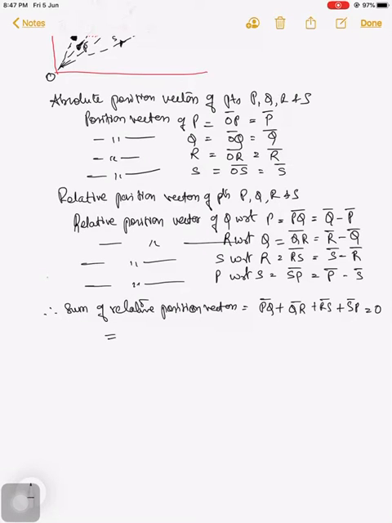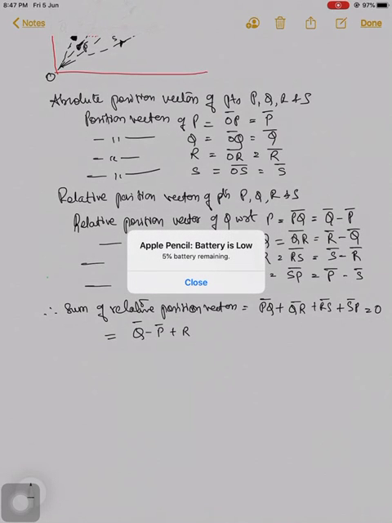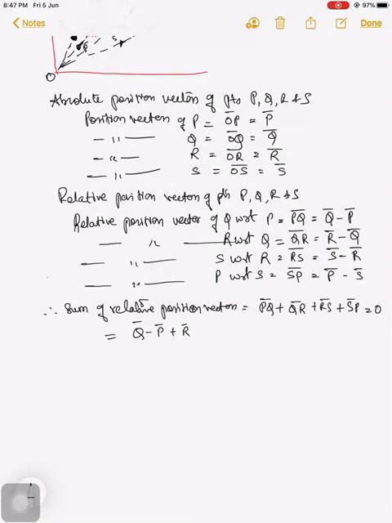That is, Q minus P plus R minus Q plus S minus R plus P minus S is equal to 0, that is PQ plus QR plus RS plus SP is equal to 0. So this is the loop closure equation for the closed loop of the given 4-bar mechanism.